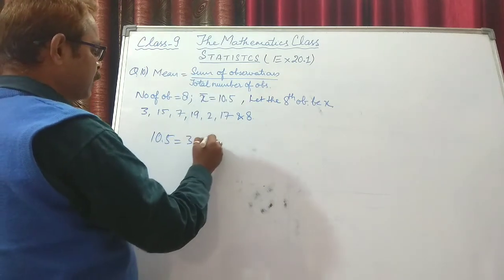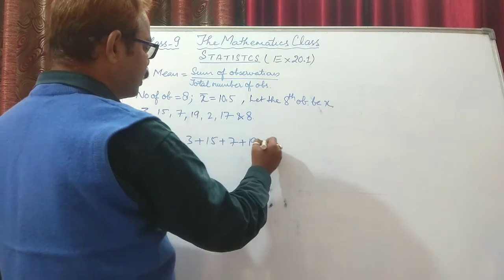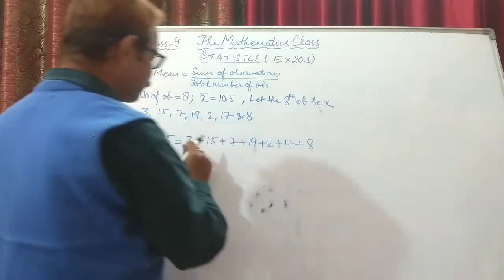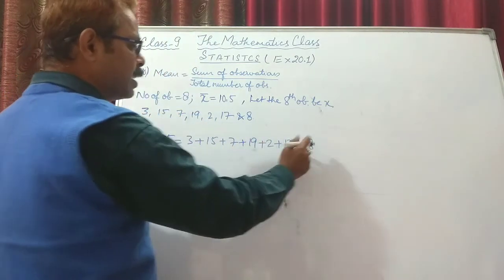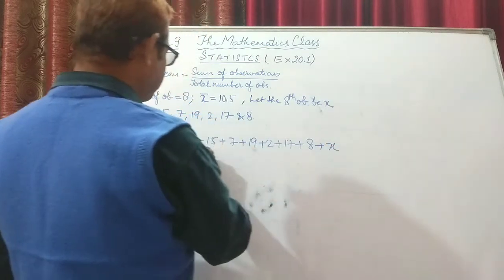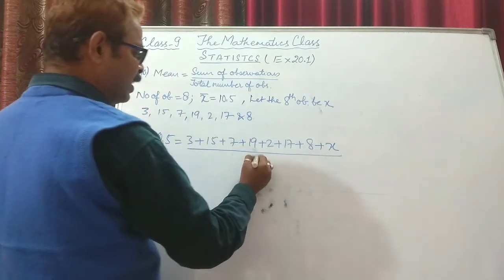Sum means 3 plus 15 plus 7 plus 19 plus 2 plus 17 plus 8, these are 7 observations, plus the 8th one that we assumed was x, upon the total number of observations. Total number of observations is 8.